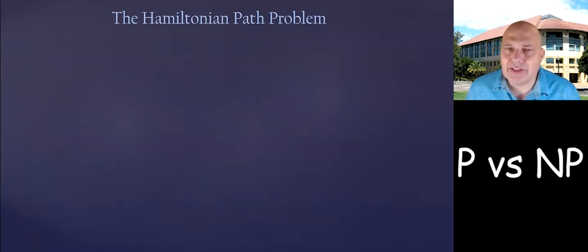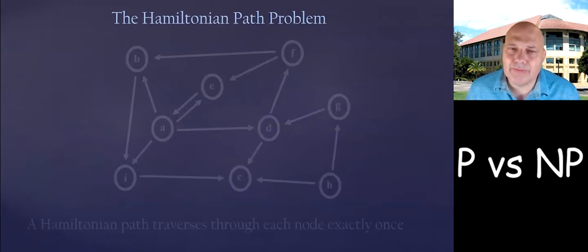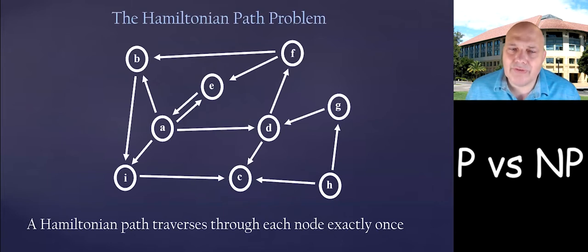Let's give another example, the Hamiltonian path problem. Again, you have a graph. This time, let's think about a directed graph. A Hamiltonian path traverses each node exactly once. So do we have a path here? Yes, this is a Hamiltonian path.